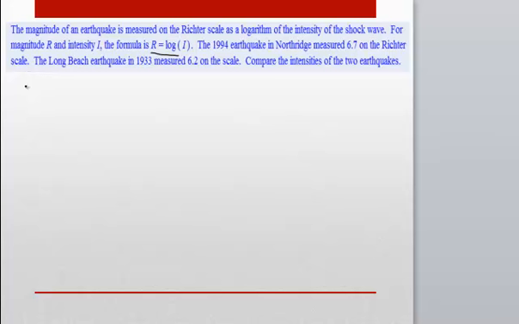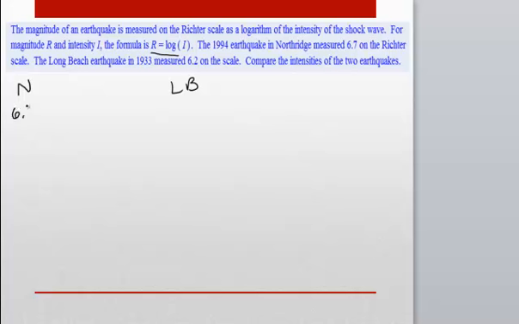So let's see, we have Northridge and we have Long Beach. What do we have here? The earthquake in Northridge measured 6.7 on the Richter scale.